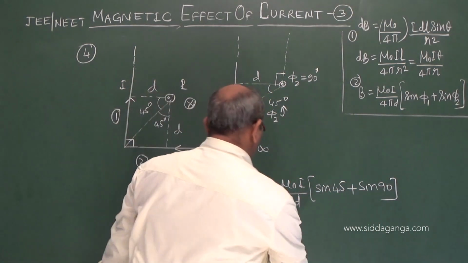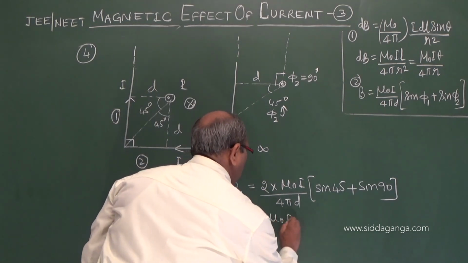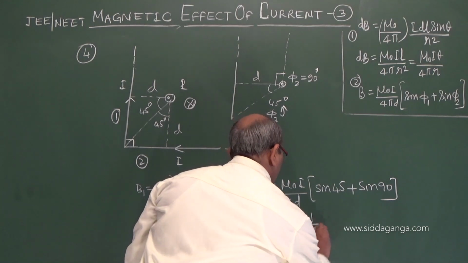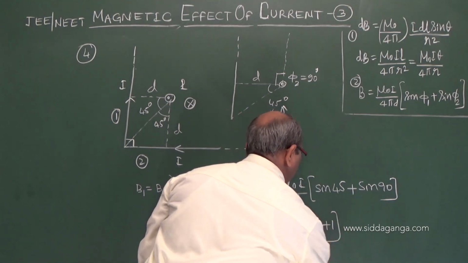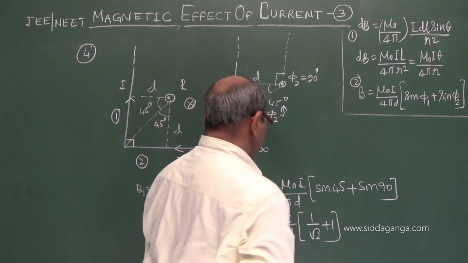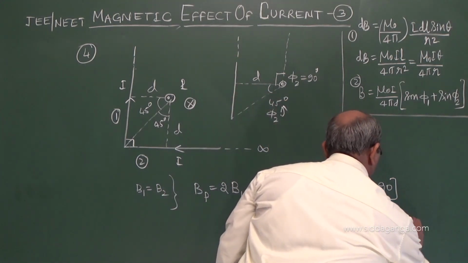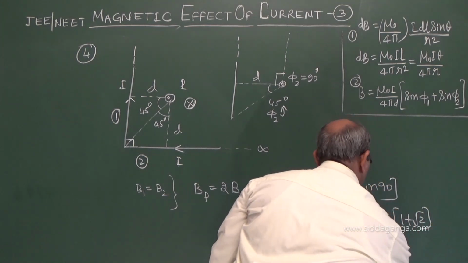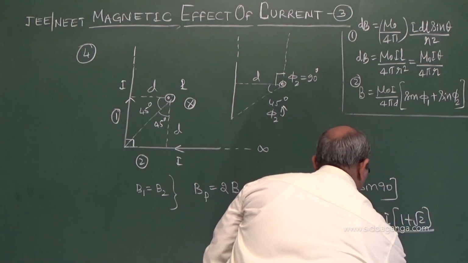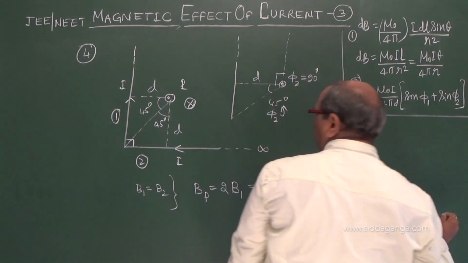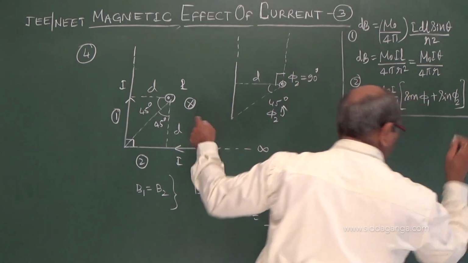So this gives mu naught I by 2 pi D into 1 by root 2 plus 1. Taking the common LCM, mu naught I into 1 plus root 2 divided by 2 root 2 pi D, with the field into the board.